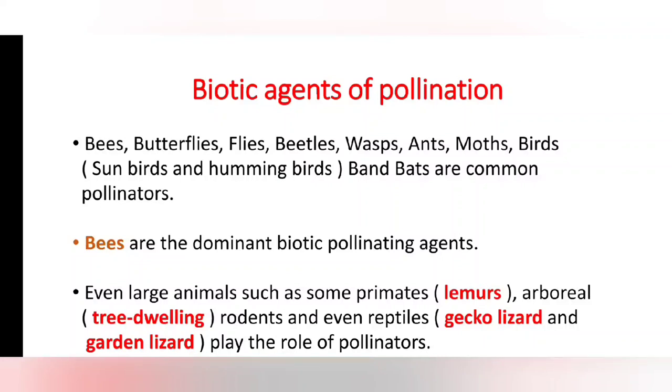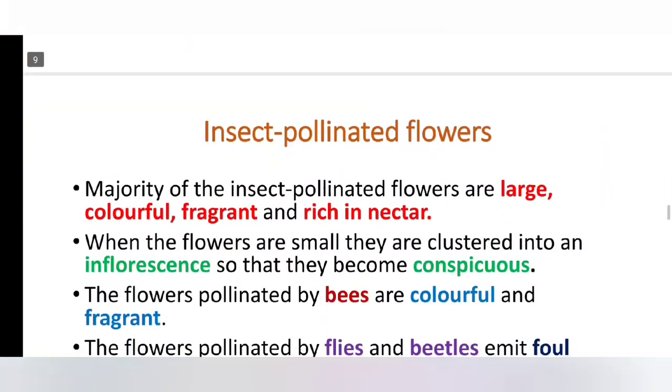What is meant by gecko lizard? The lizards which are found in our households, and the garden lizards are nothing but the lizards that are found in and around our households in the gardens. They also play the role of pollinators.